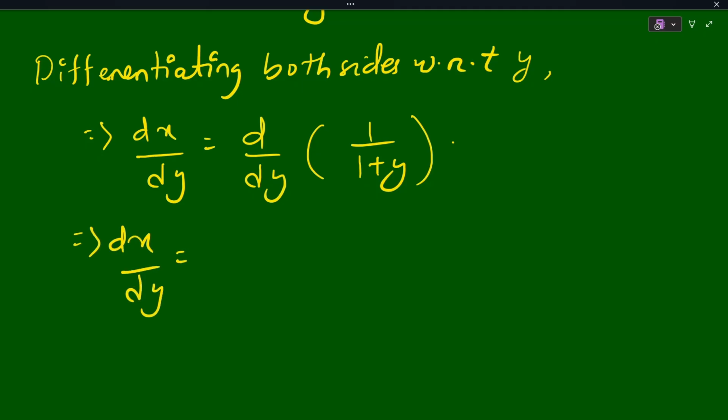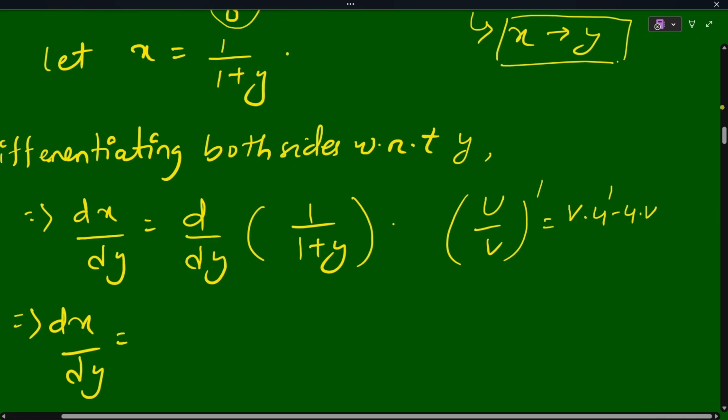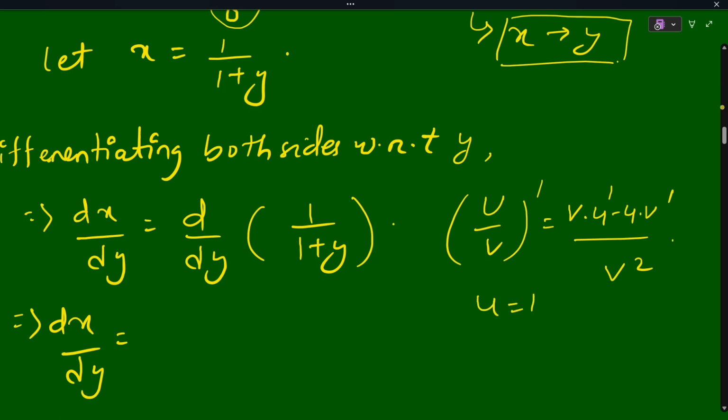What is the u by v format? It tells that the derivative of u/v is (v times the derivative of u minus u times the derivative of v) divided by v square. So what is u here? Here u is 1, and v is 1+y.